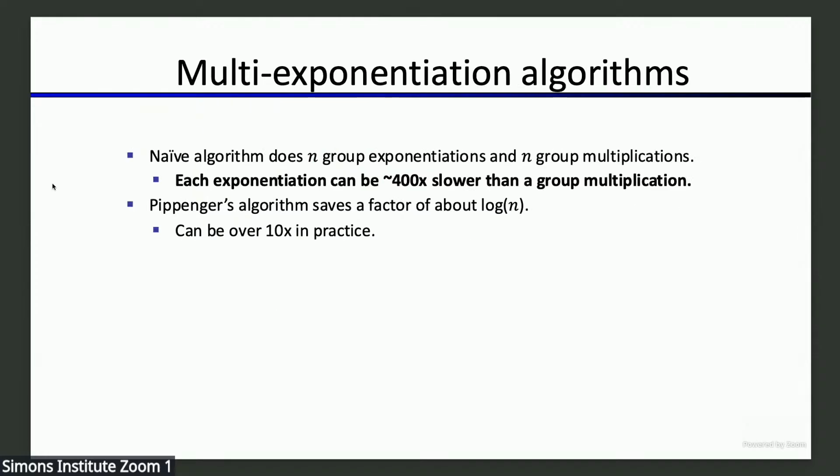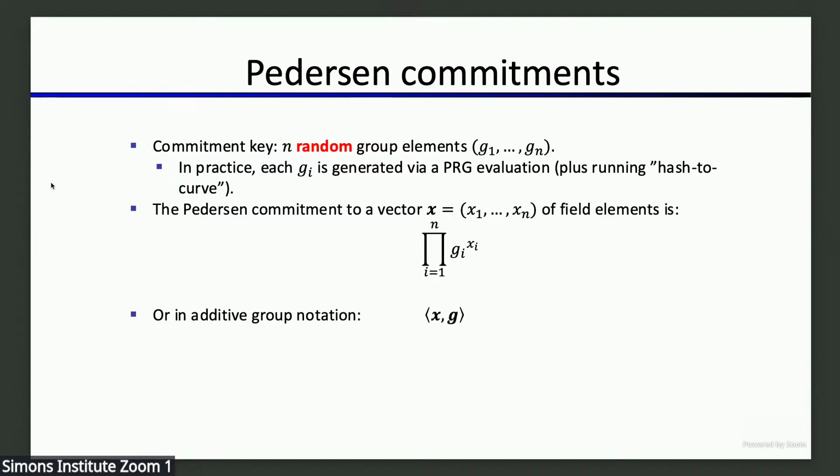All right. So how expensive is an MSM? The naive algorithm would just take each g_i to the x_i and compute it independently, and then do the group products. That would be very slow because these exponents are between 0 and 2 to the 256, so they actually take hundreds of group operations to do just one exponentiation.